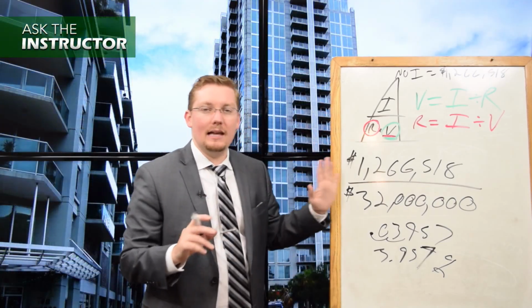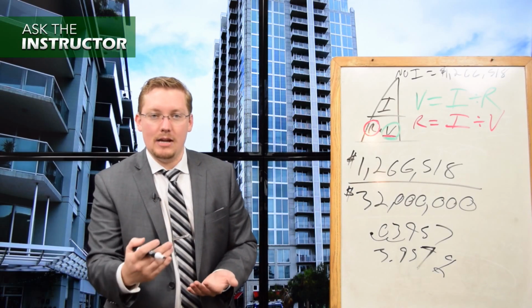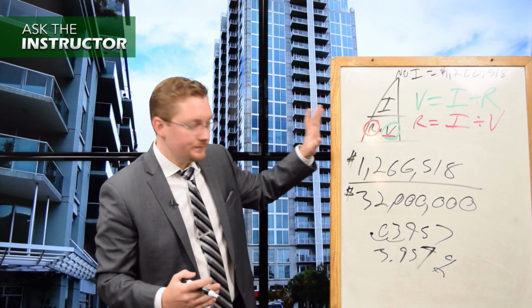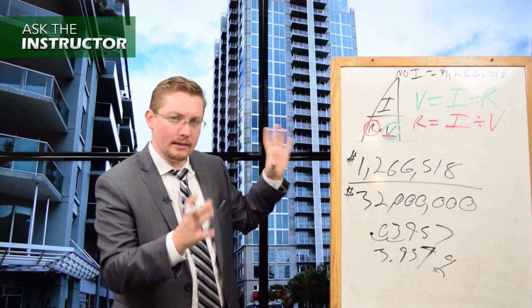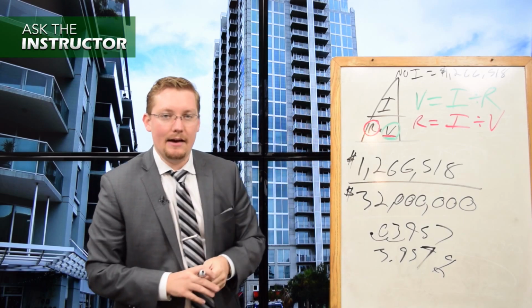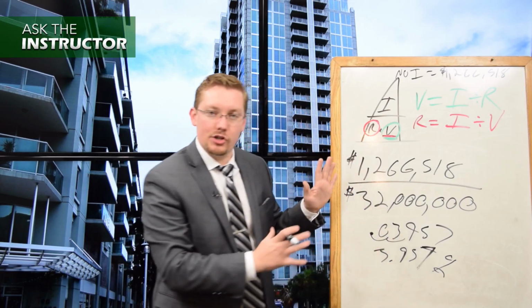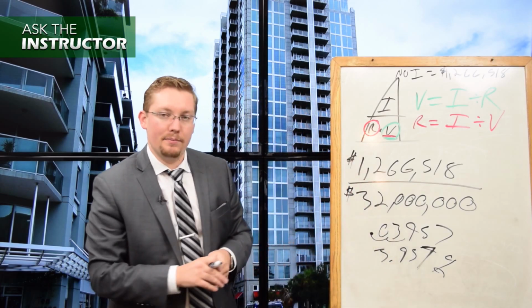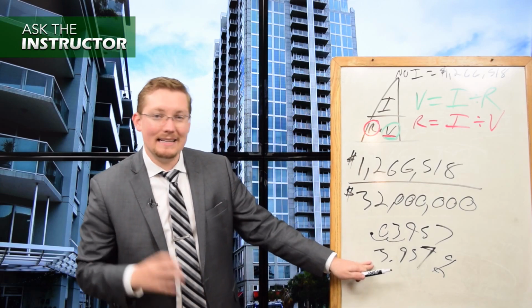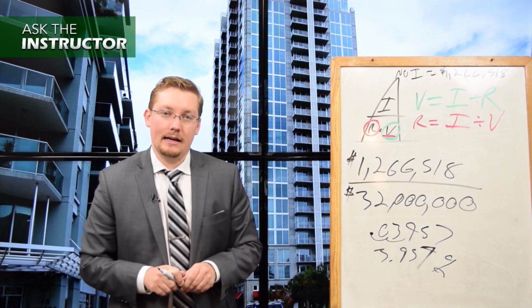The whole thing a lot of people get into these income-producing properties for is they don't want to deal with the speculation aspect. They want to be sure, with just a little bit of uncertainty, mostly certain, that this is the income that they could count on. If you're trying to speculate, that completely undoes this kind of sure thing that we have with this income approach here. So that number, that's something that I would be like, all right, I don't know if I could do the deal at $32 million.